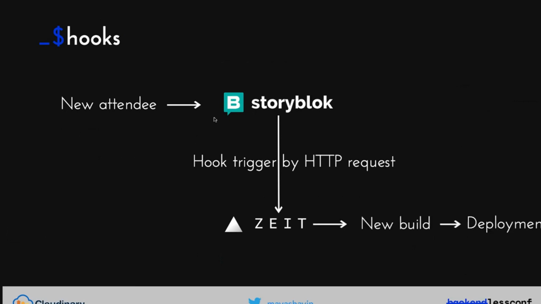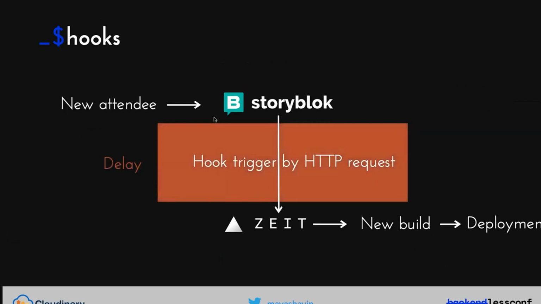There is one problem here: there will be a delay between the sending of the HTTP request and the receiving of this request. But this is unavoidable because it really depends on how fast Storyblok sends the request and how fast Zite receives and handles it. It can only be improved on these two sides.